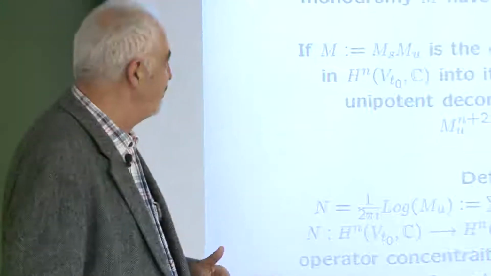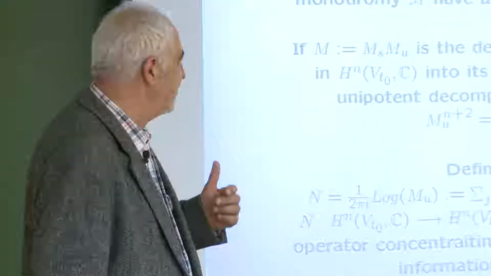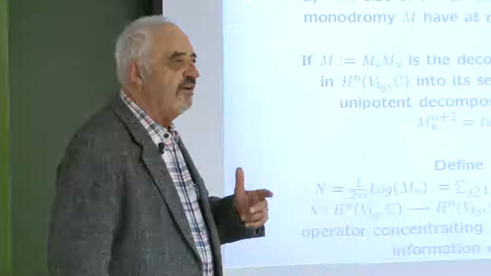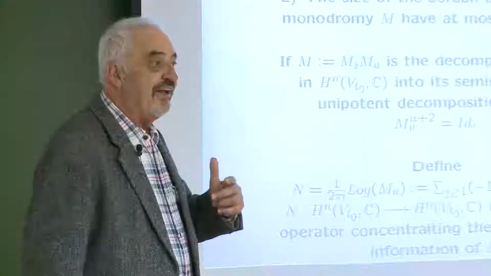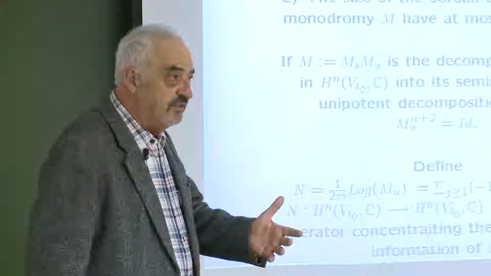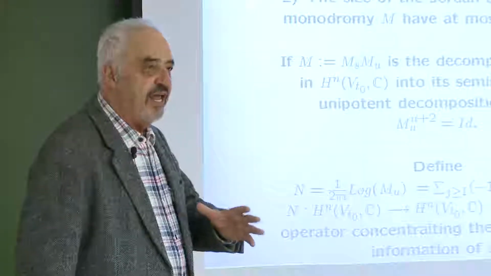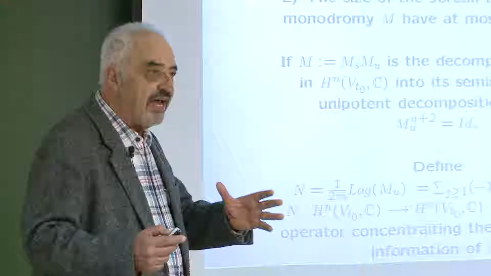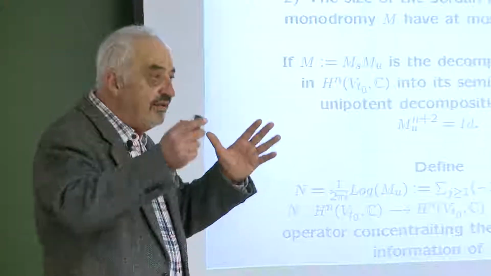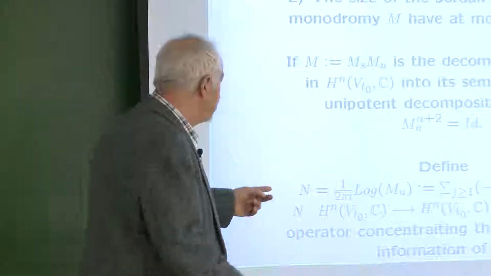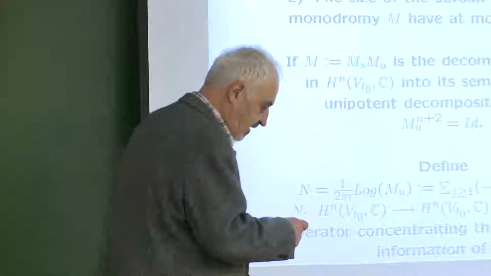One of Lefschetz's basic contributions to mathematics is that the basic object in mathematics is not a vector space. It's a flag in a vector space. So not all vectors in a vector space are the same. There's a flag, there's a distinction.